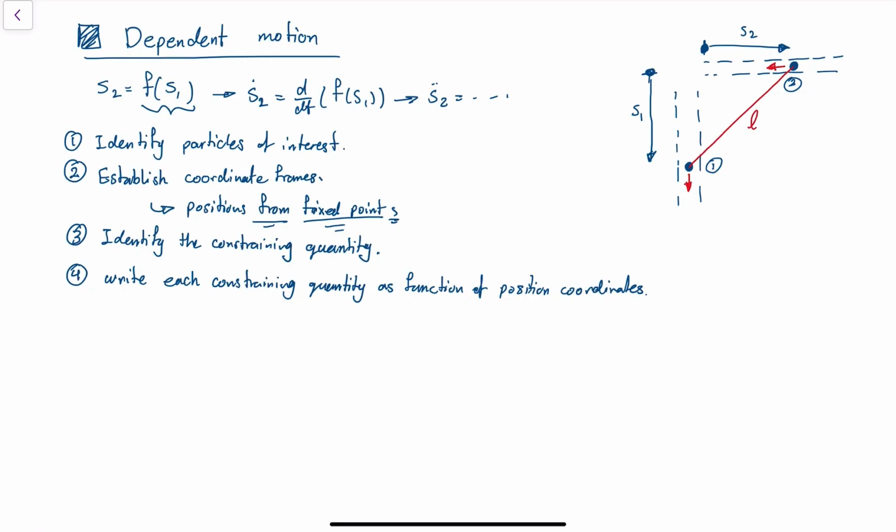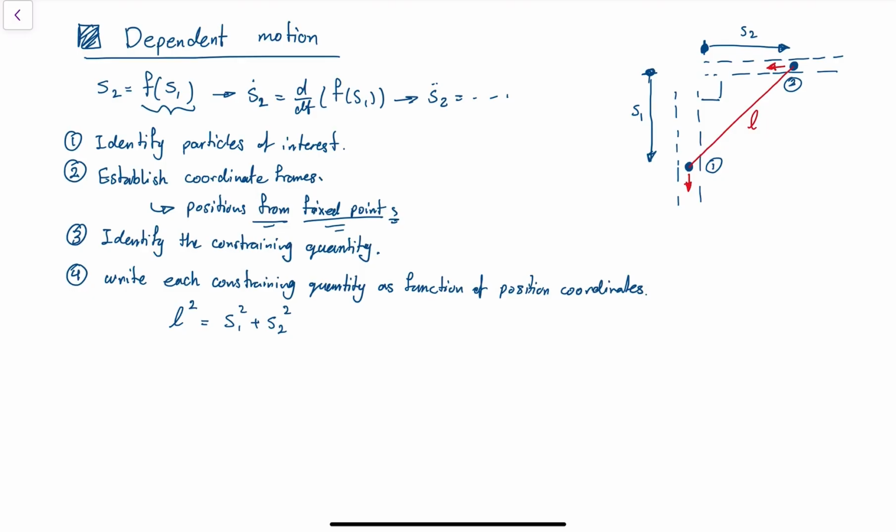So if I want to follow this example, I know the constraining quantity is the length, and what I can do is, let's assume these two tracks are perpendicular to each other. I can write L squared equals S1 squared plus S2 squared.